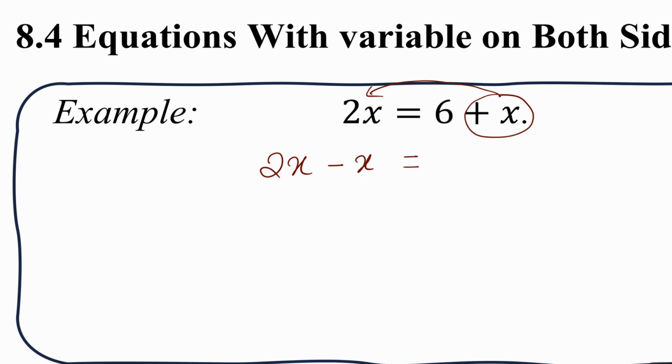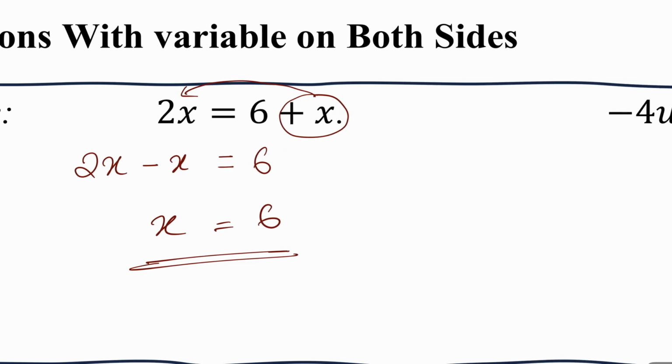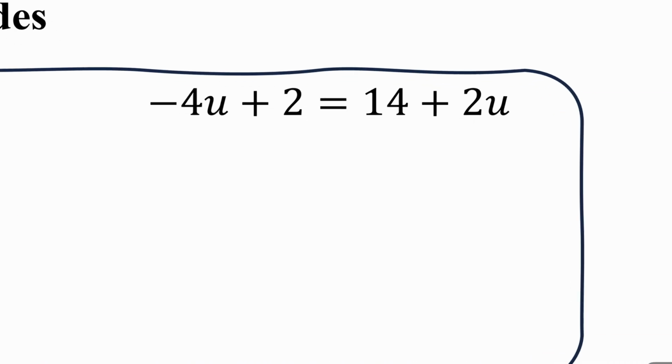What is remaining on the right hand side? Even after moving the x to the left hand side, 6 is remaining. So your equation is simplified right now. 2x minus x equal 6. That's it.